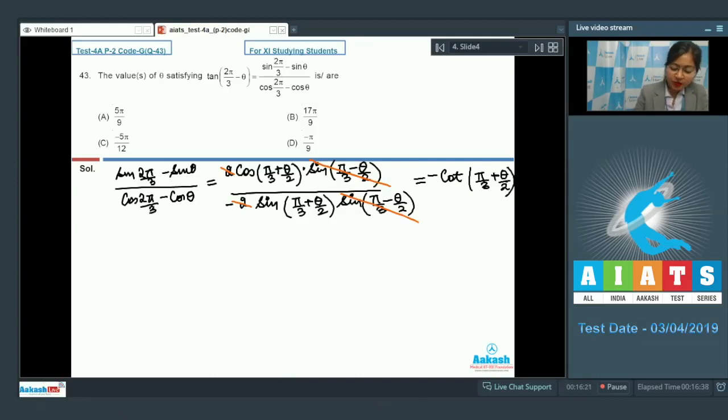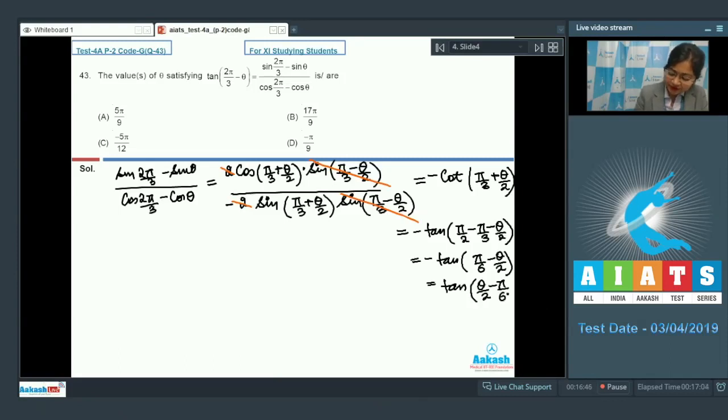Now as on the left hand side the trigonometric ratio is given in tan, so let us convert it in tan. This will be equal to minus of tan of (pi by 2 minus pi by 3 minus theta by 2). So this is equal to minus of tan of (pi by 6 minus theta by 2), that is equal to tan of, taking minus inside, (theta by 2 minus pi by 6).